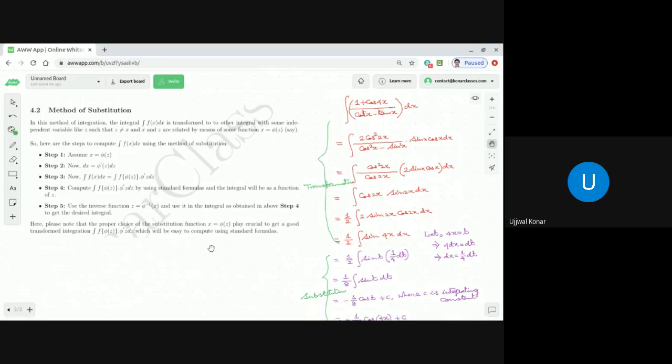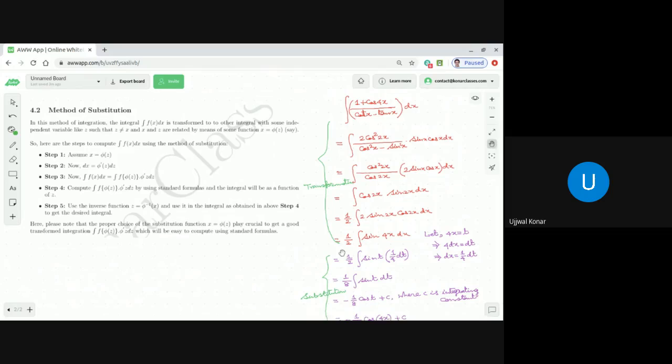So this is the method of substitution. Why the word substitution? Because we are substituting 4x equal to t. And in the previous one, why was it a method of transformation? Because we transformed the given function, which is not directly integrable, to a function on which we can perform integration.